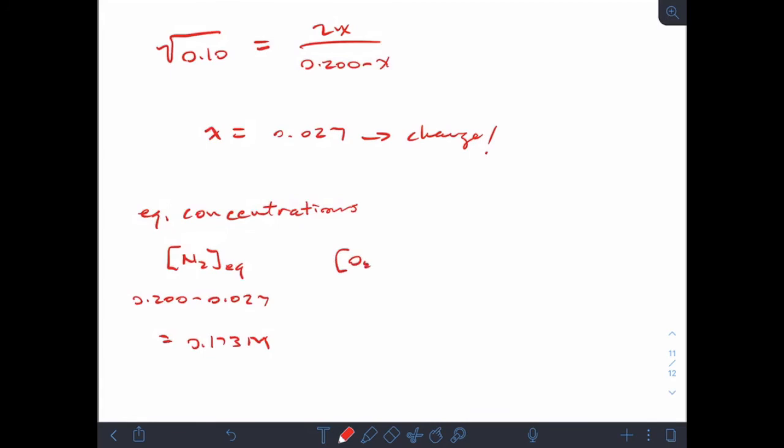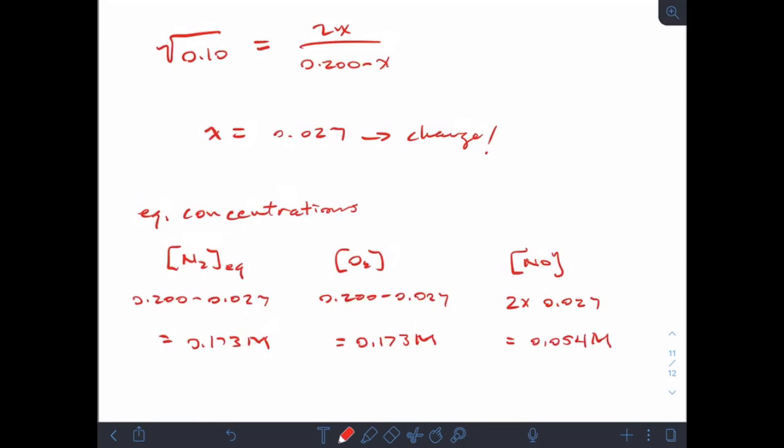Same thing for our O2. We'll have 0.2 minus 0.027, 0.173 molar. And our NO was 2 times x. Okay, so these are the equilibrium concentrations.